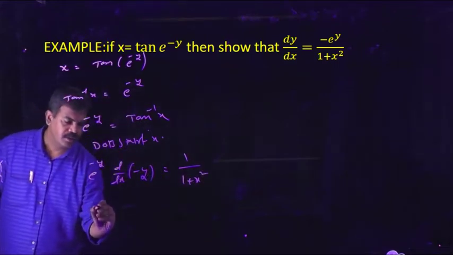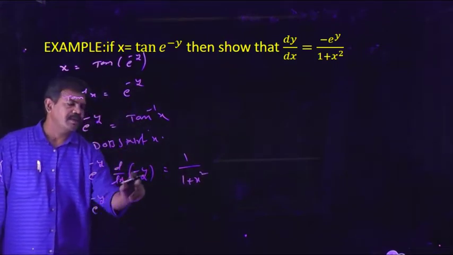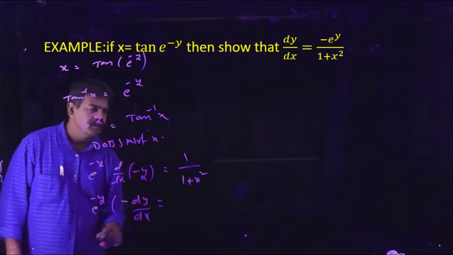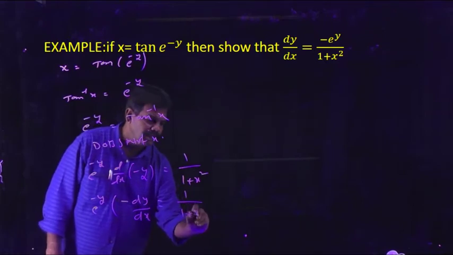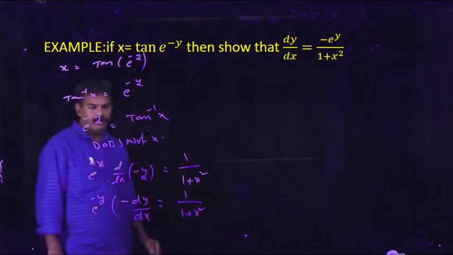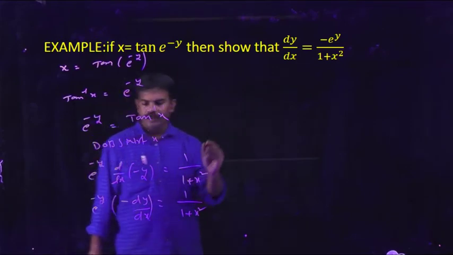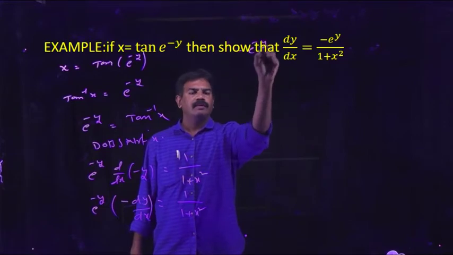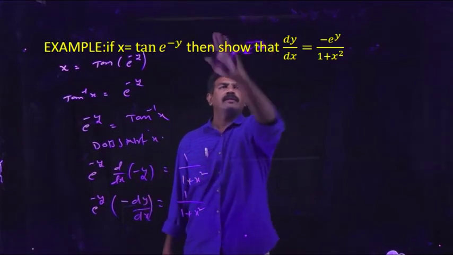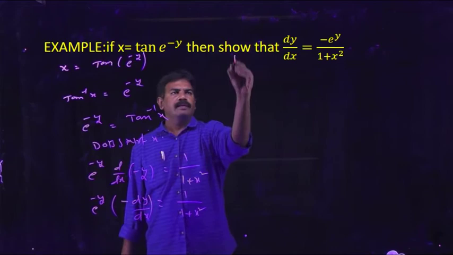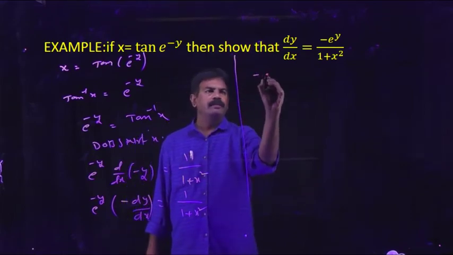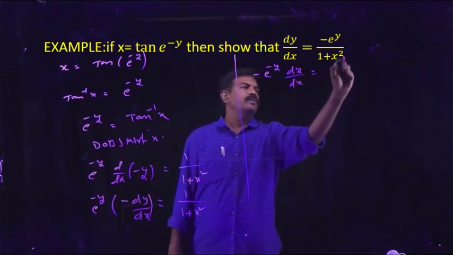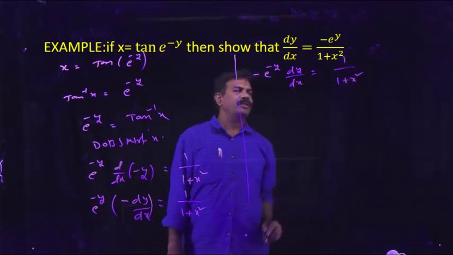So e power minus y into d by dx of minus y, means minus dy by dx, is equal to 1 by 1 plus x square. That is minus e power minus y into dy by dx is equal to 1 by 1 plus x square.